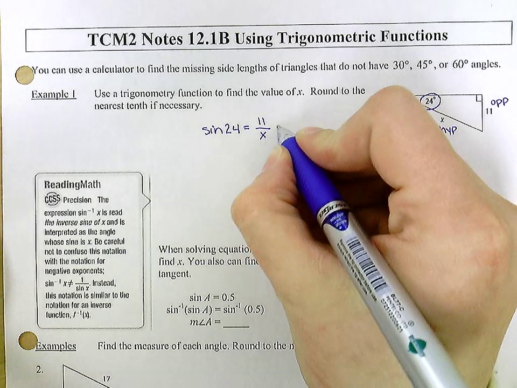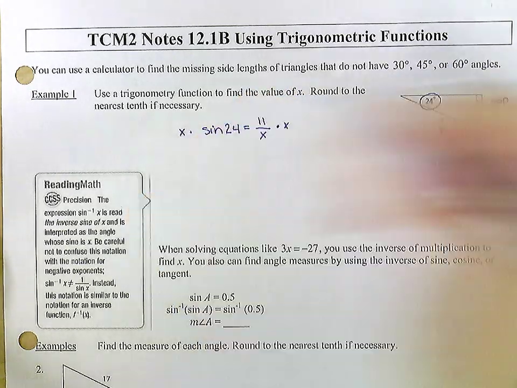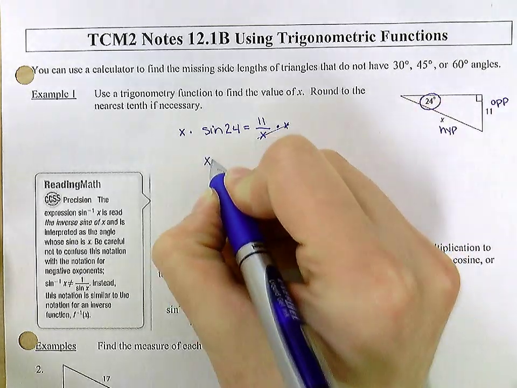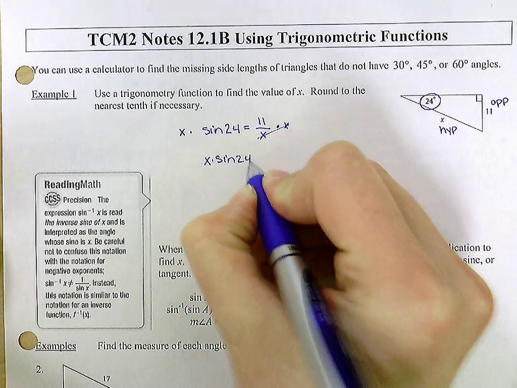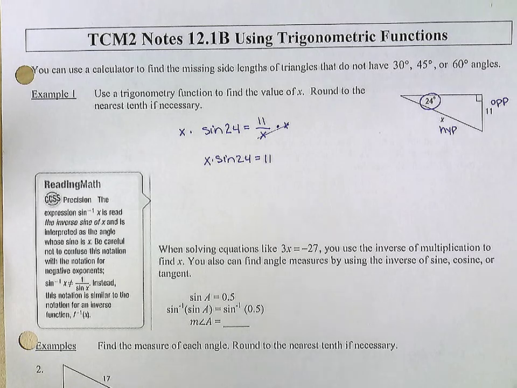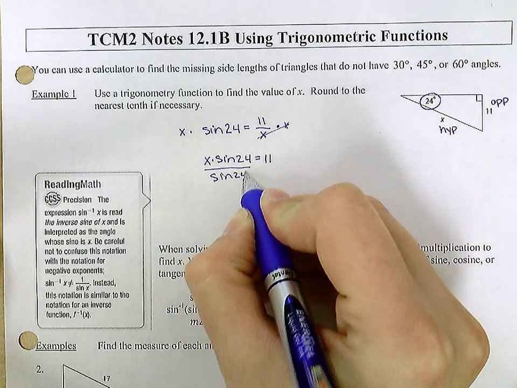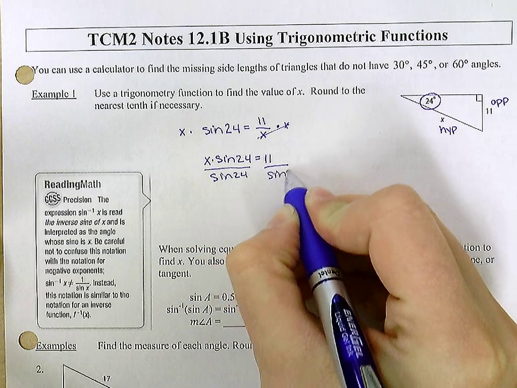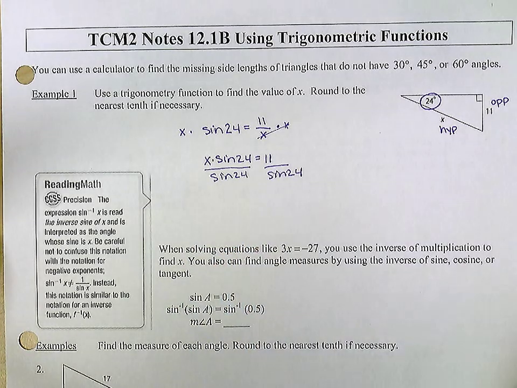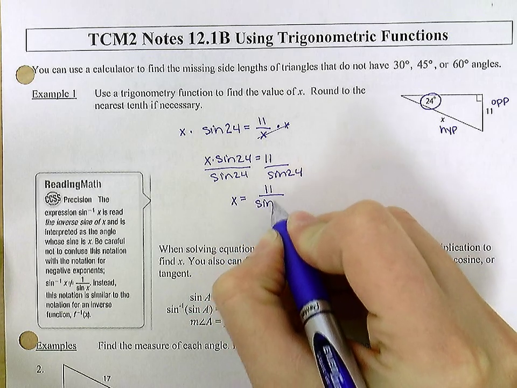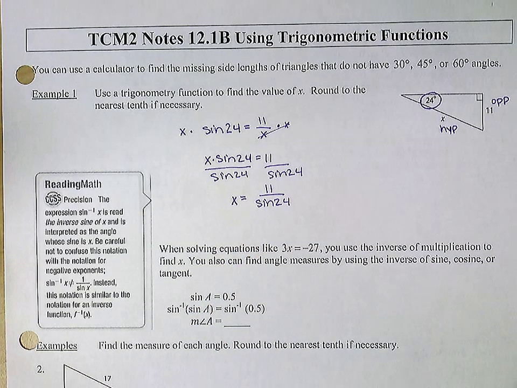So we're going to multiply by x on both sides. So I have x times the sine of 24 equals 11. Divide by sine of 24 on both sides. Okay, so I have x equals 11 over the sine of 24. And we're going to plug that into our calculator.